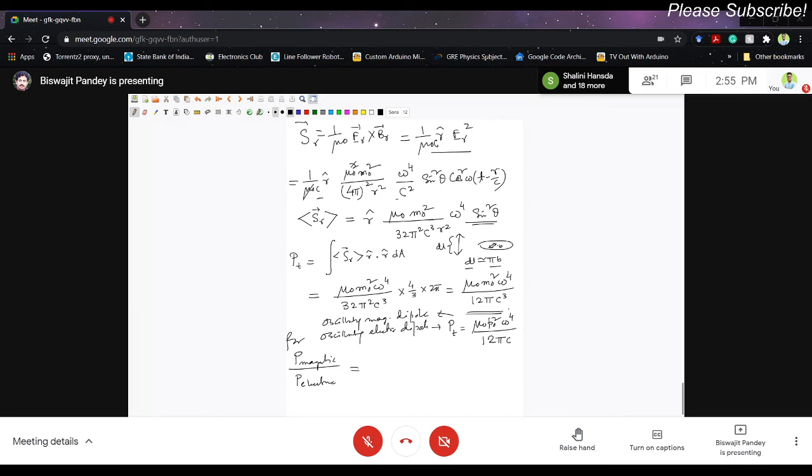We have a c square left here, and we have m0 and p0, of course m0 square. So what we have is m0 square by p0 square c square.